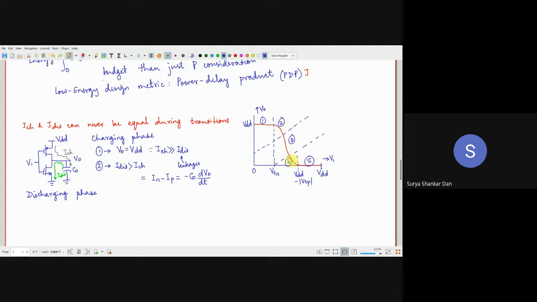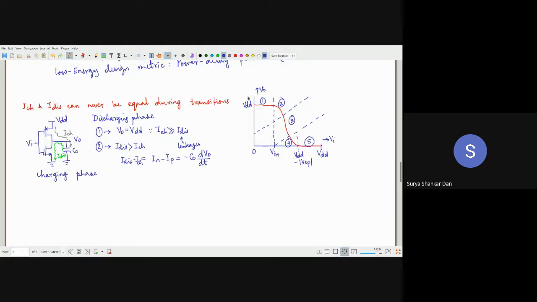I have actually shown discharging here, right? So I'll just put here discharging phase. Okay, I discharge minus I charge. Now, during the charging phase, what is the situation? How will your VTC look? This is the case where VO is going from VDD to 0.